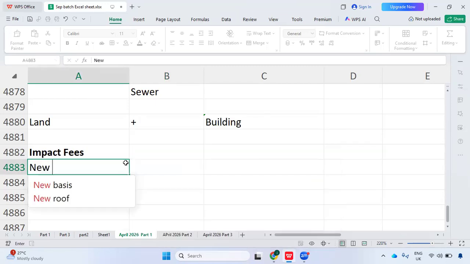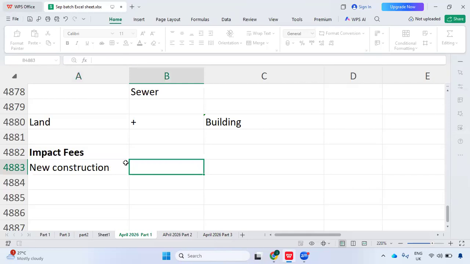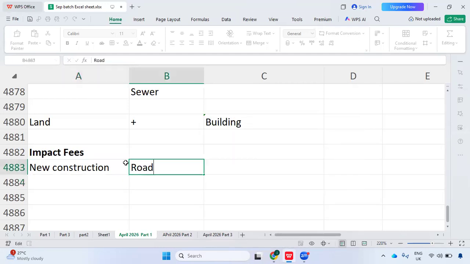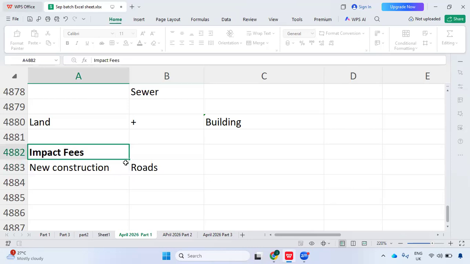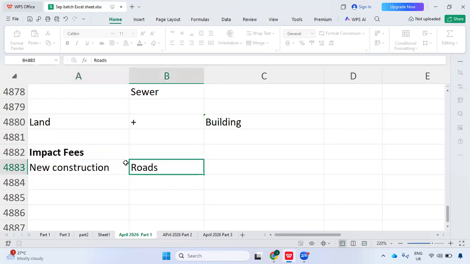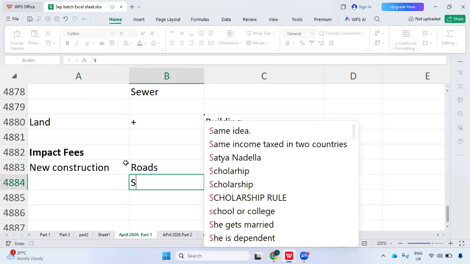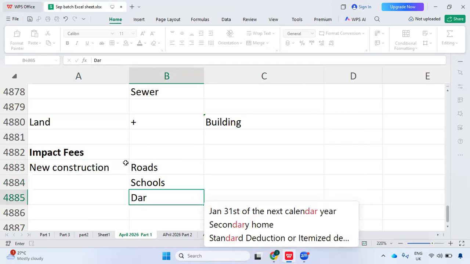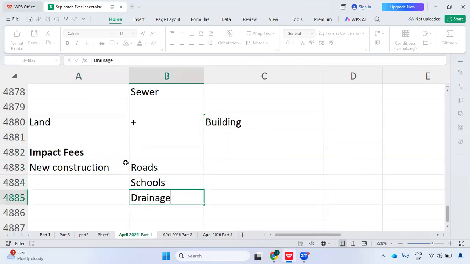New construction will increase the demand for roads, because new people will come to the place and occupy it, and with that roads and schools will be impacted, and also some drainage systems and the water system.